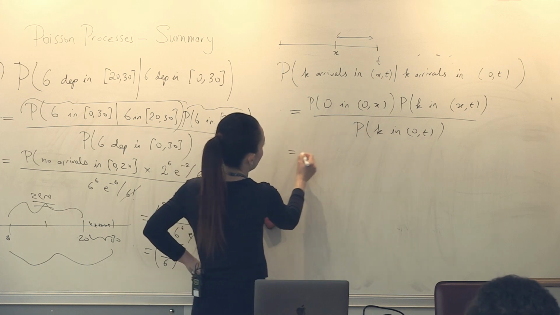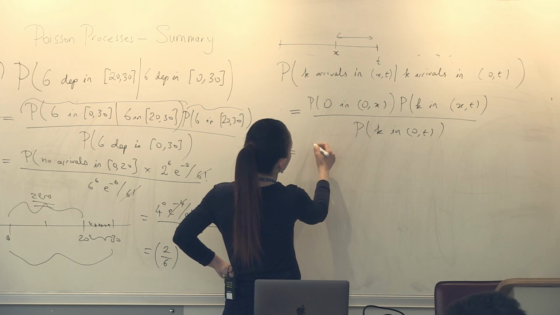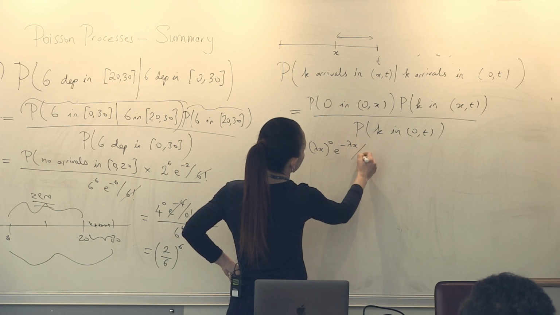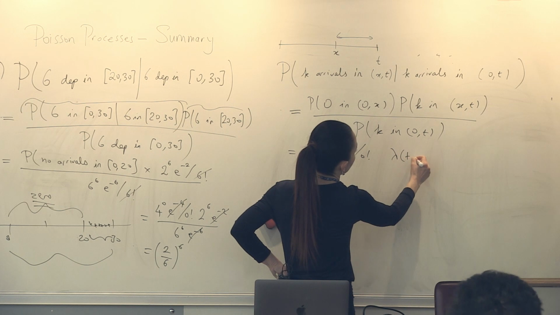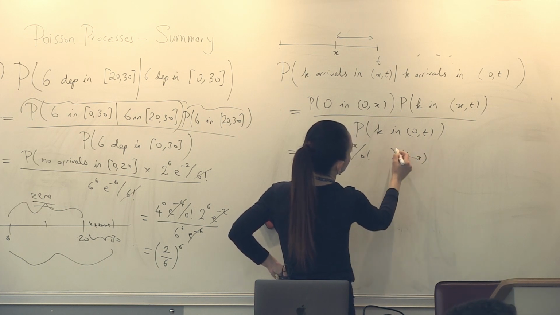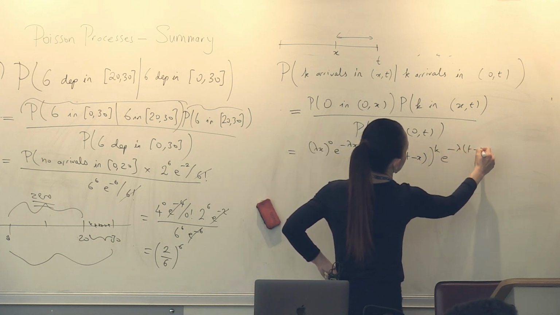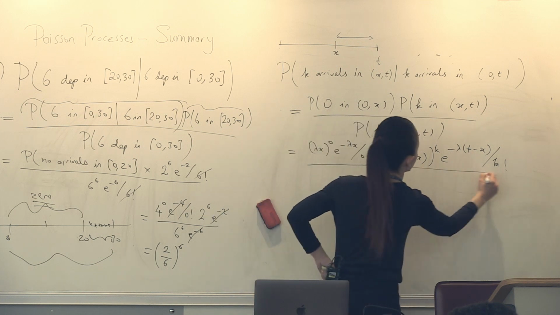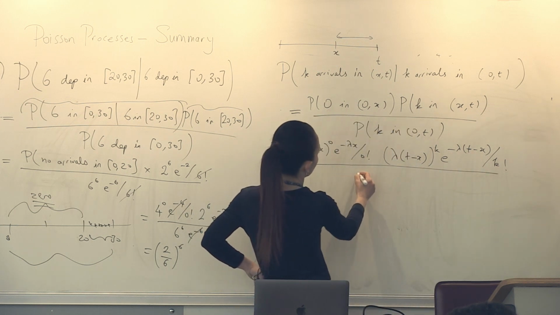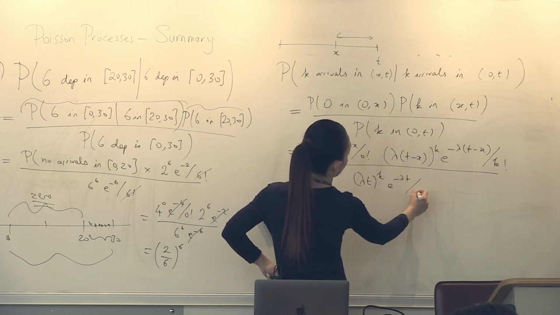And that would be lambda x to the 0, e to the minus lambda x over 0 factorial, times lambda (t minus x) to the k, e to the minus lambda (t minus x) over k factorial, divided by lambda t to the k, e to the minus lambda t over k factorial.